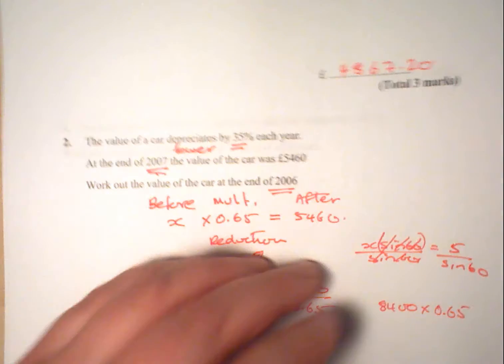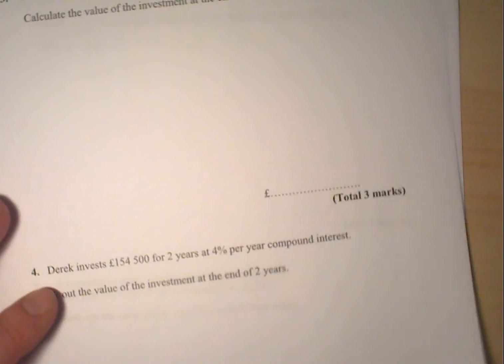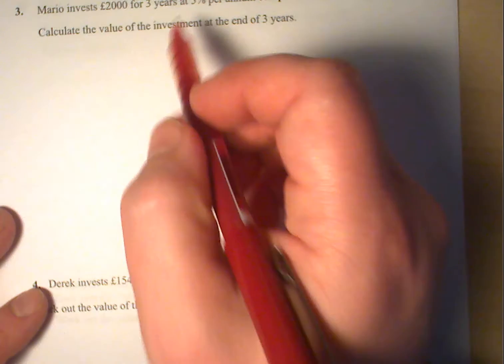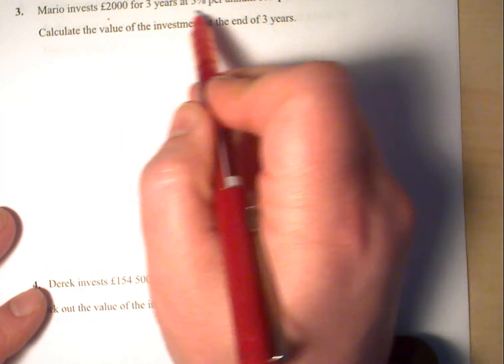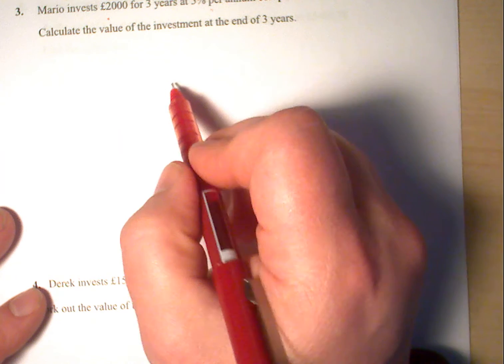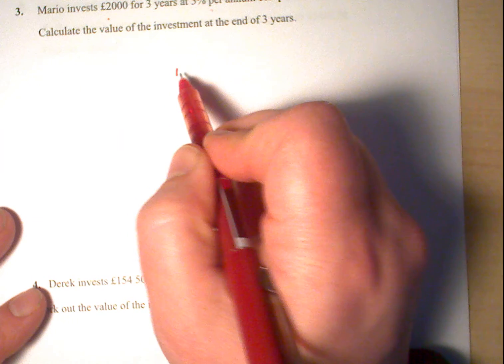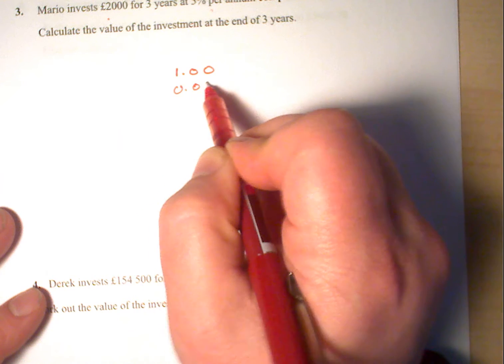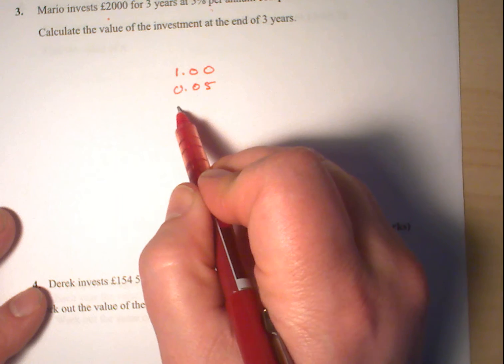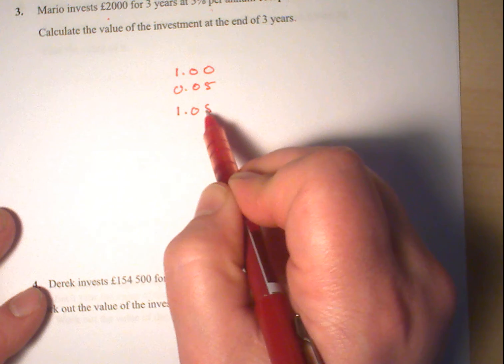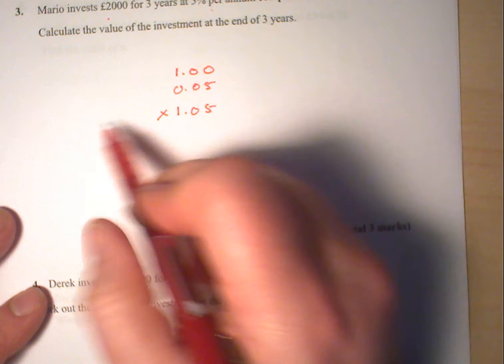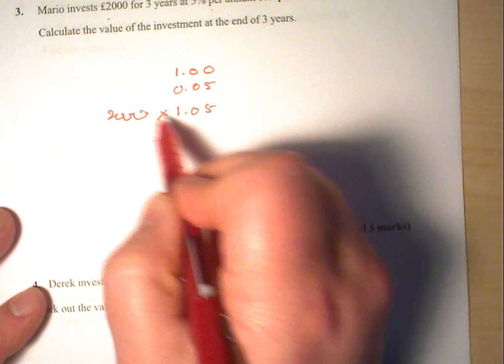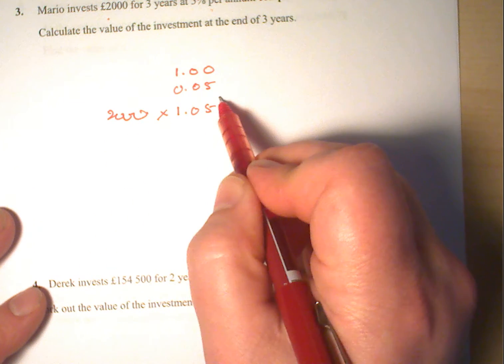So that's questions 1 and 2. Let's have a quick look at what we've got next. So here we've got Mario. He's invested £2,000, interest rate of 5%. So this would be 100%. This would be 5%. And so 105% gives you this. And so I'm going to take the 2,000, increase it, but for 3 years.